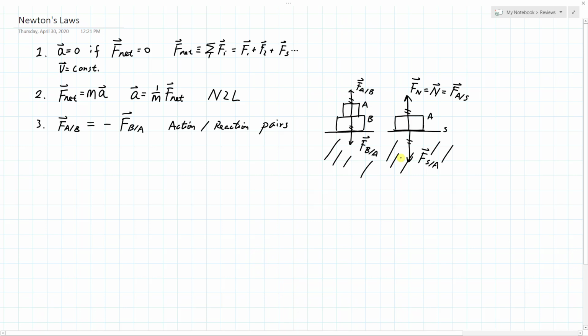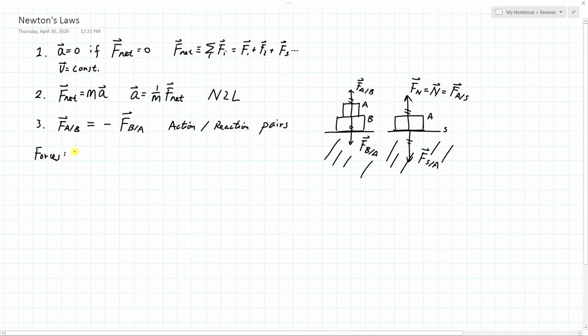So these are the three laws, and we routinely use them in diagrams like these to analyze forces before we can use that formula to solve problems. So what are the forces we're interested in looking at in this chapter? Let's see, forces.